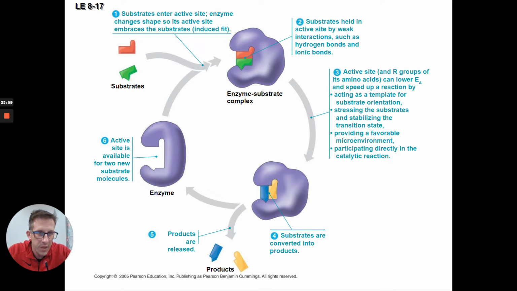Okay? So it says there in number 3, the active site can lower the activation energy and speed up a reaction by doing one of these 4 things. It can act as a template for substrate orientation. Number 1, we want to have these substrates oriented in just the right way so that they can form new chemical bonds more efficiently.